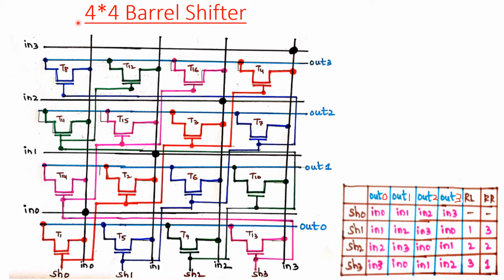But instead of 16 control signals as in the crossbar switch, here we'll have only 4 control signals, SH0, SH1, SH2, SH3, and the transistors are interconnected in a staircase form. So only one input will be available on the corresponding output line.